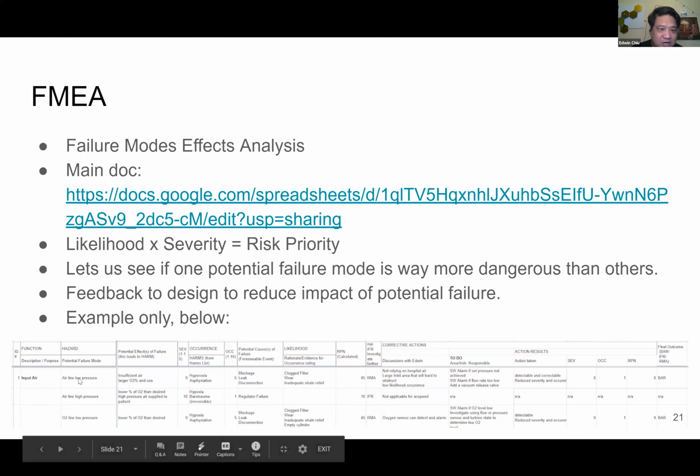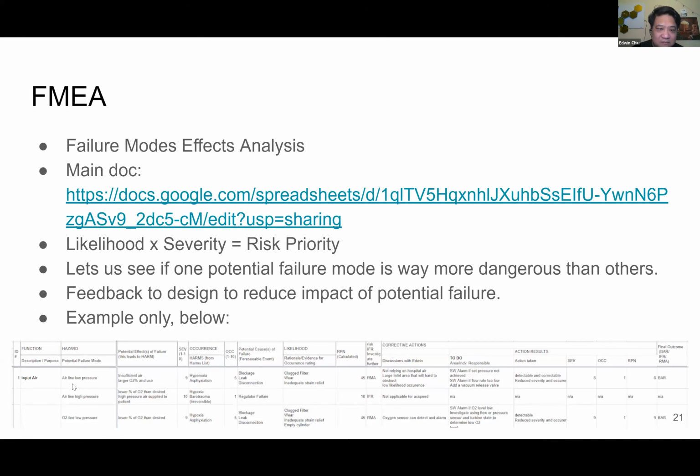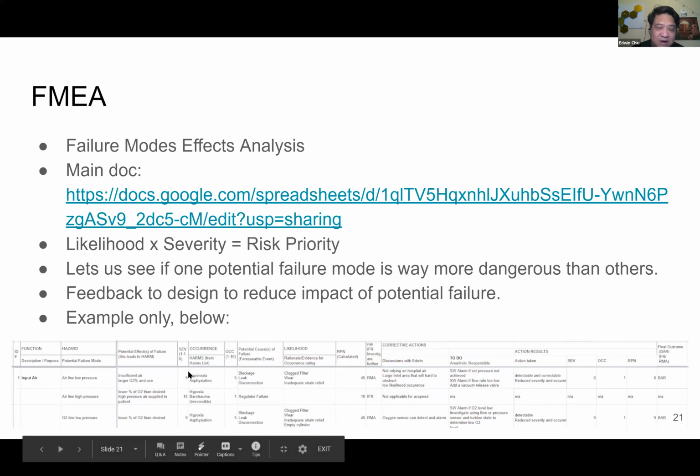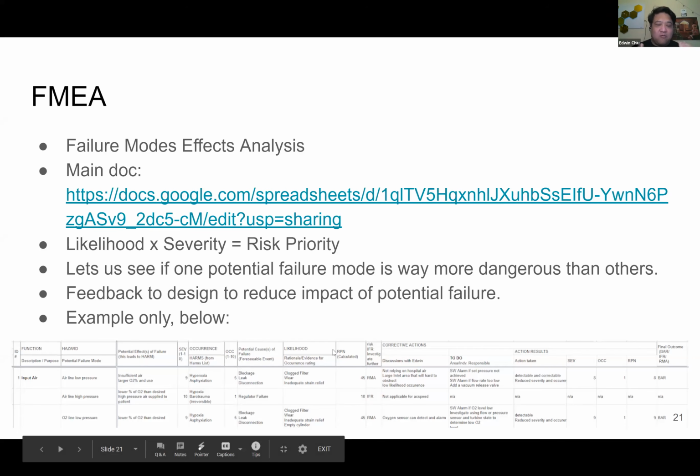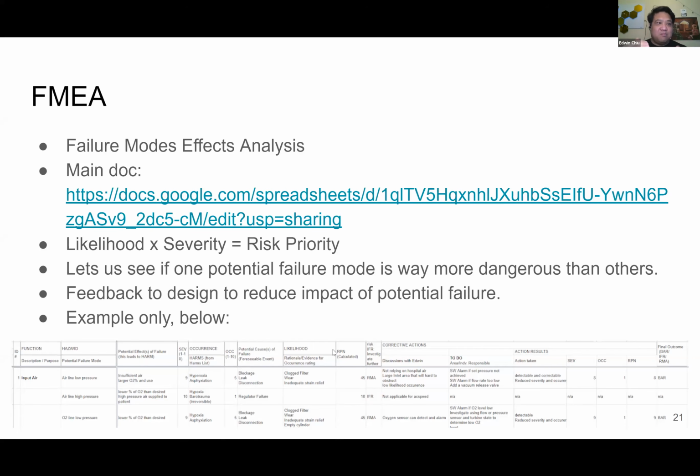Essentially, for each possible thing that can fail, we determine a severity, so how quickly this causes a problem for the patient, and the likelihood of occurrence, how likely this would happen. If you multiply these together, you have a risk priority number, RPN. This allows us to see if we have one particular risk that is much higher than the rest.